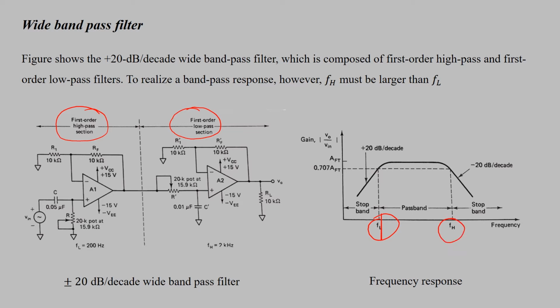So FH should be greater than FL, that is, the cutoff frequency of the low pass should be greater than the cutoff frequency of the high pass when we have a band pass filter. You can see it from here also. The simple high pass and low pass filters with FL equal to 200 Hz and FH equal to 2 kHz are shown joined in cascade to get this frequency response.